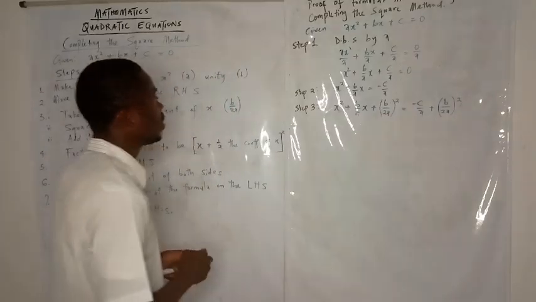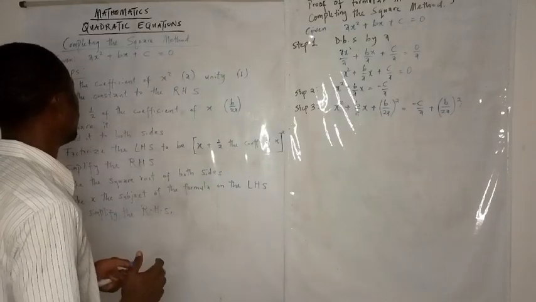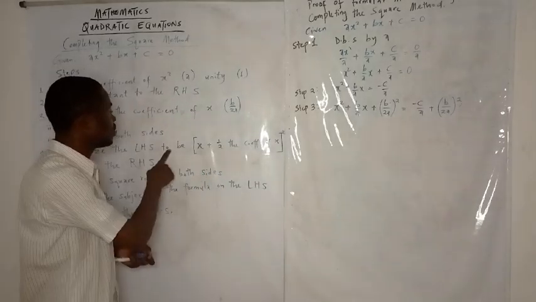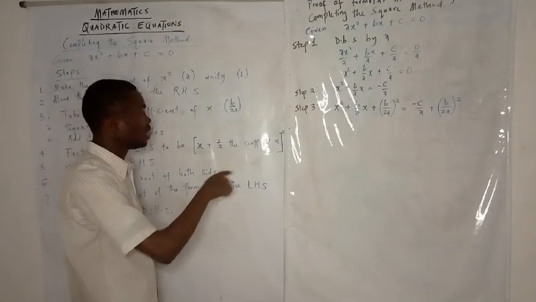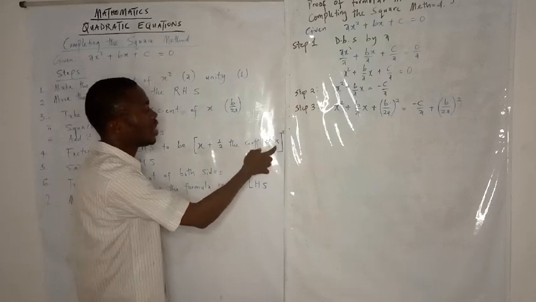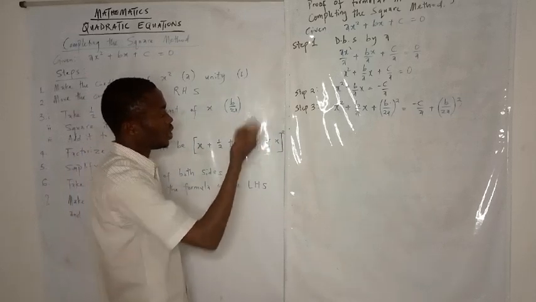So we've done this, and our step 4 says we should factorize the left hand side. If we factorize the left hand side, the left hand side will automatically become x, bracket open, x plus half the coefficient of x, bracket close, squared.